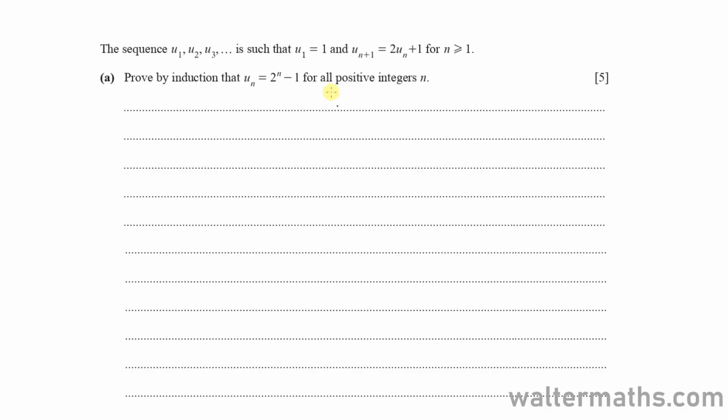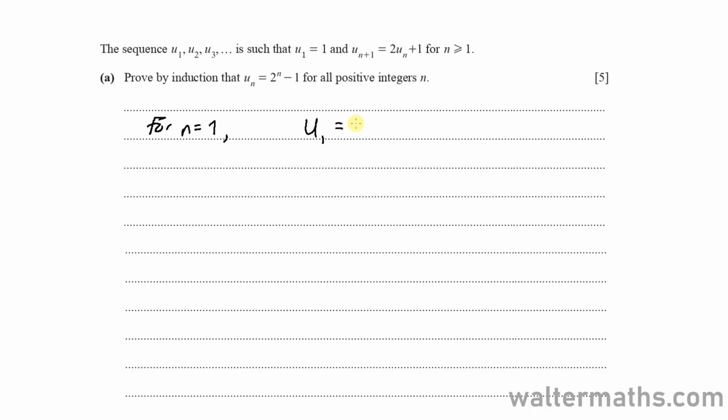So here the procedure remains the same. I am going to start by proving for n is equal to 1. So that's our base case. Okay? And for n is equal to 1, from this formula here, that will be u sub 1.